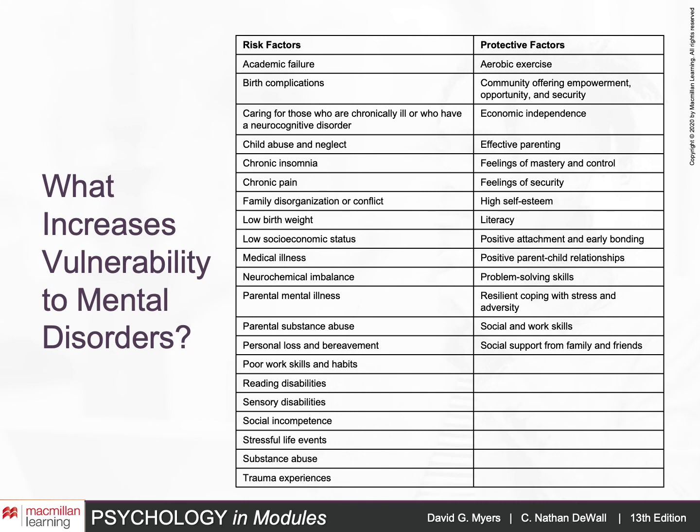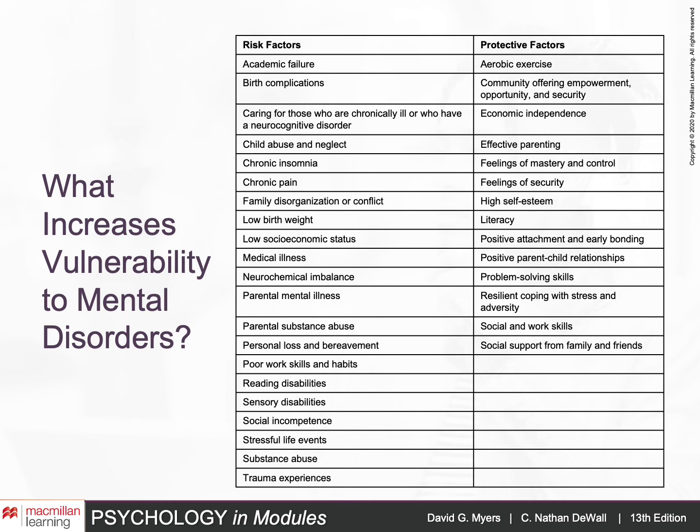There's also things like low birth weight or birth complications, stressful life events, and trauma experiences, okay? So those are some of the biggest predictors of mental illness later in life.